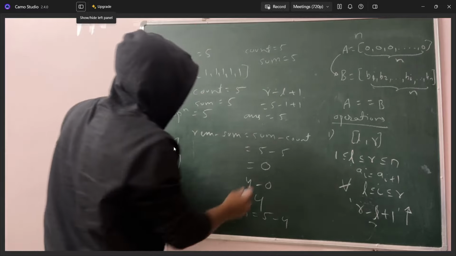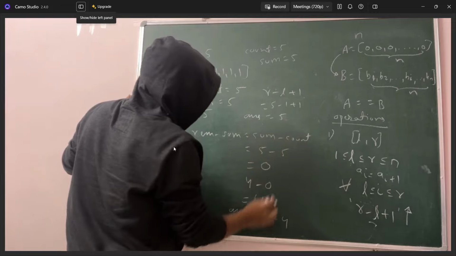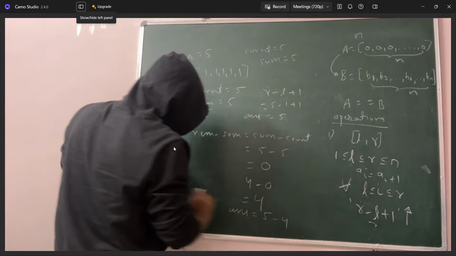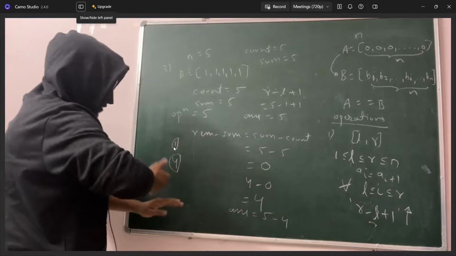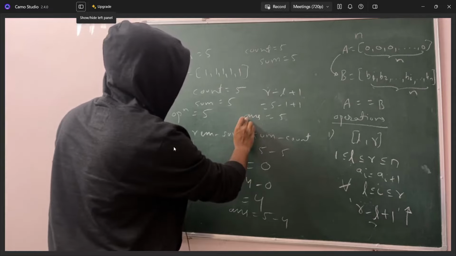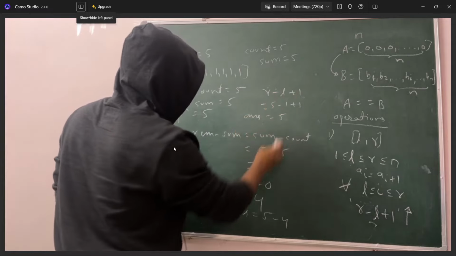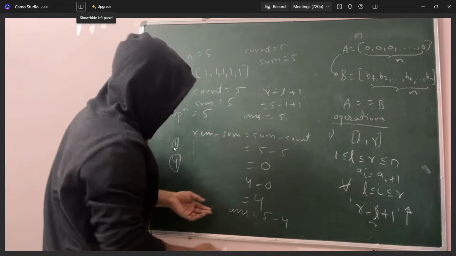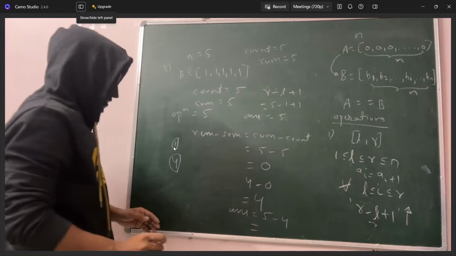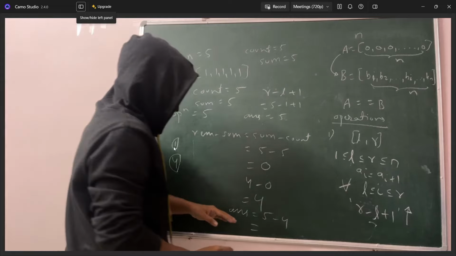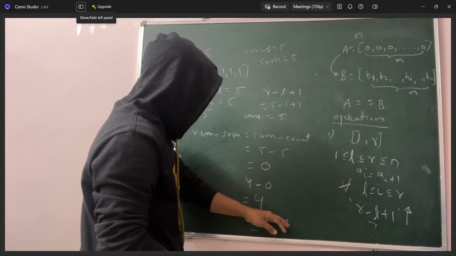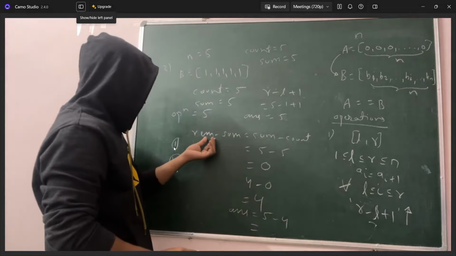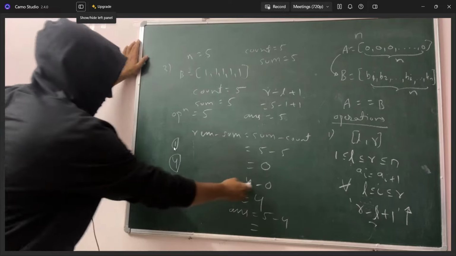So I'm decreasing the value from the first operation by the remaining operations, 5 minus 4. In formula terms, initially your answer will be r minus l plus 1, and it is decreased by 4, where 4 is the number of operations minus the remaining sum.